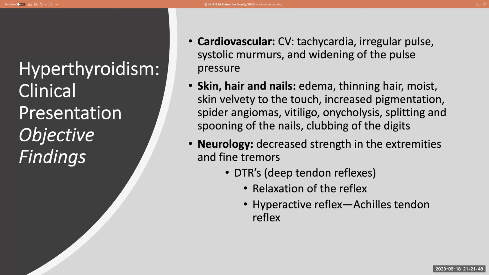You may hear murmurs, widening of the pulse pressure. You're going to see thinning hair, but the skin will be very velvety. You may see increased pigmentation, increased spider angiomas, vitiligo. There are several things you can see with the nails, so you're going to do a good skin assessment. From a neurological standpoint, you'll probably see things such as fine tremors and brisk deep tendon reflexes. Achilles specifically will be hyperreflexive.